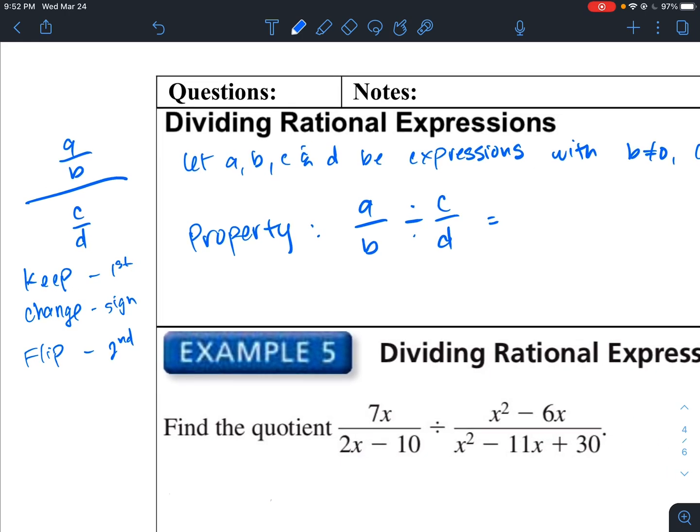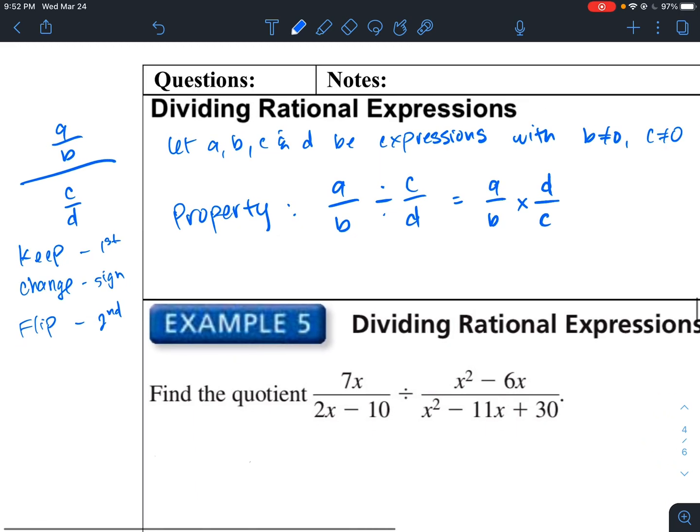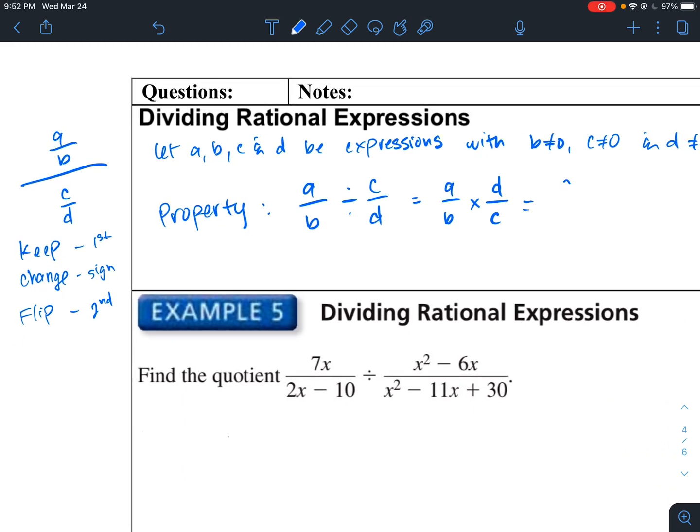So keep the first, change the sign, so A over B times D over C, flip the second. These are equivalent statements, and so in the end we get AD over BC. This is how I look at it.